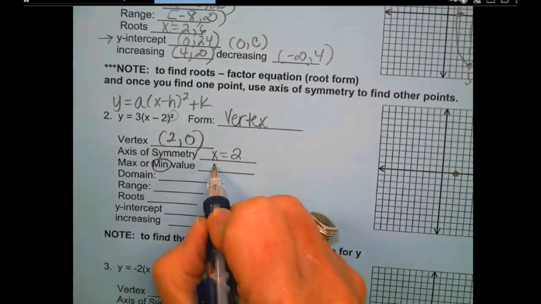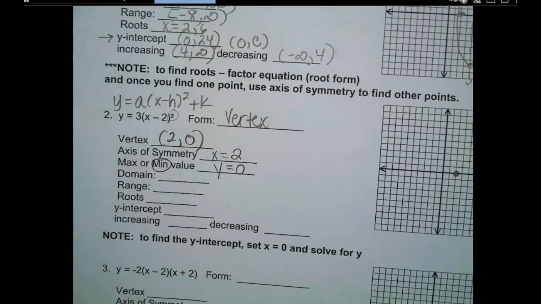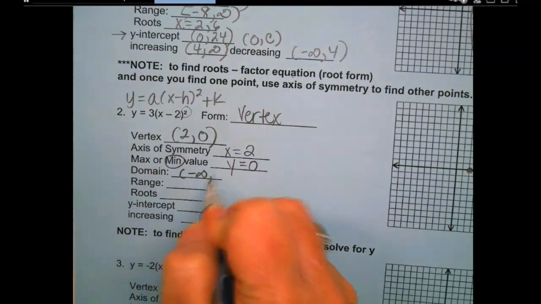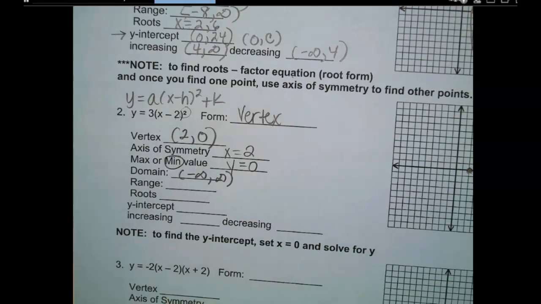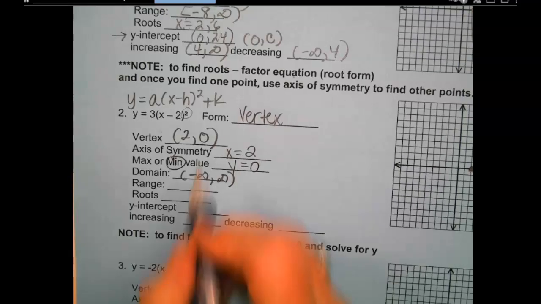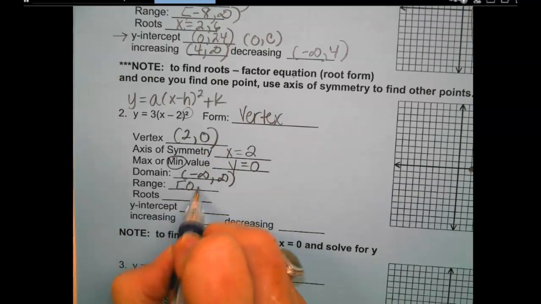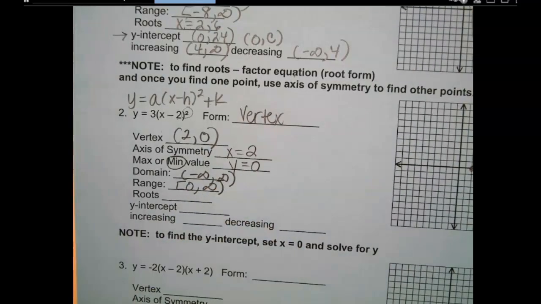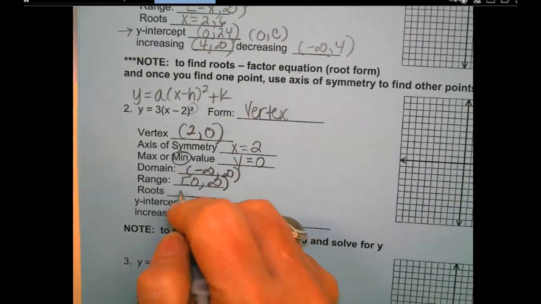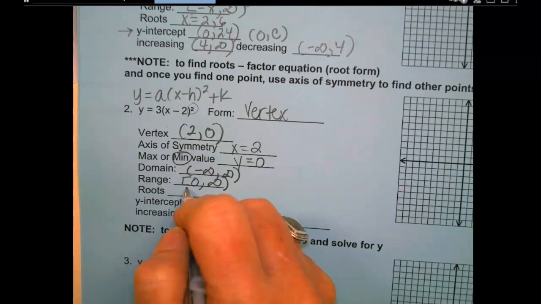And the value is going to be y equals 0. The domain of every single one is all real numbers. The range is bottom to top, so my y value is 0 to infinity. This is on the x-axis, so my root is 2.